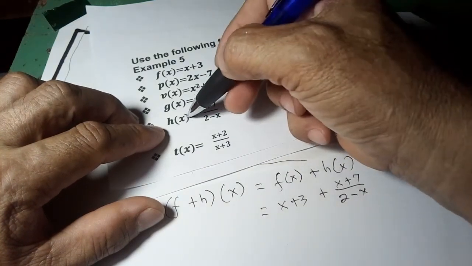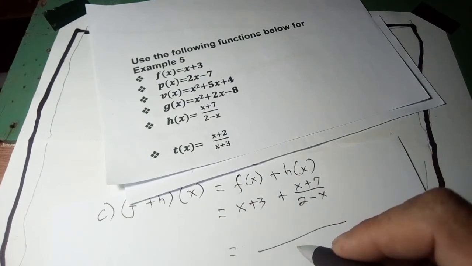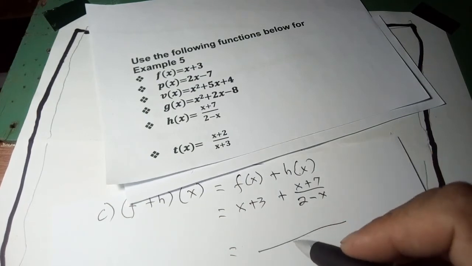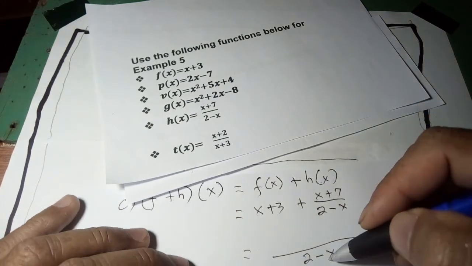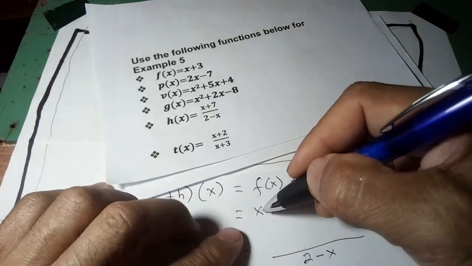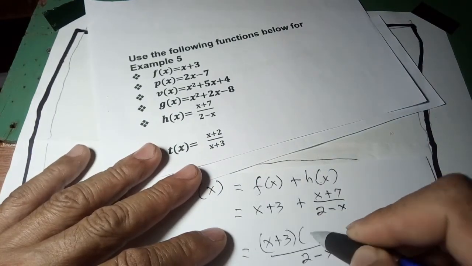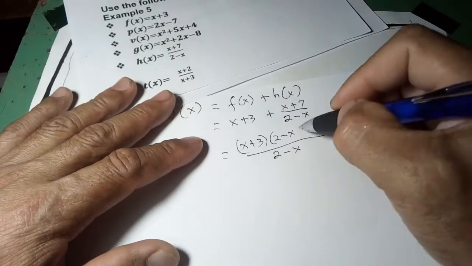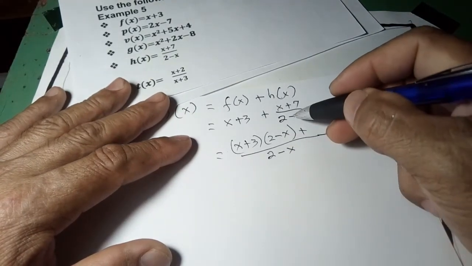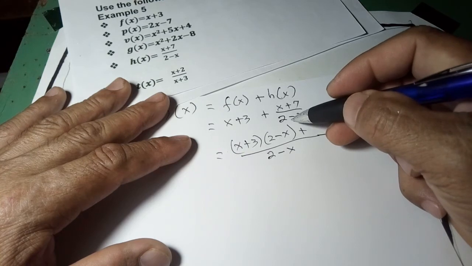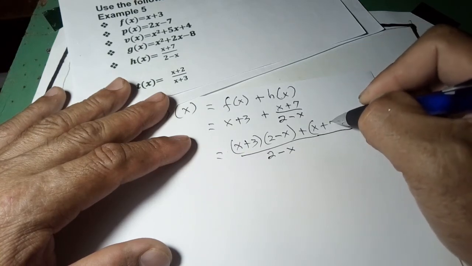So we are adding fractions. Our LCD is 2 minus x. So x plus 3 times 2 minus x, plus 2 minus x divided by 2 minus x is 1, and 1 times x plus 7 is x plus 7.